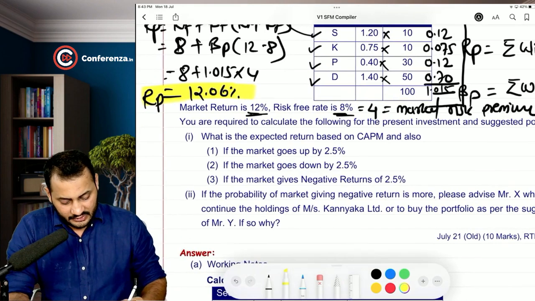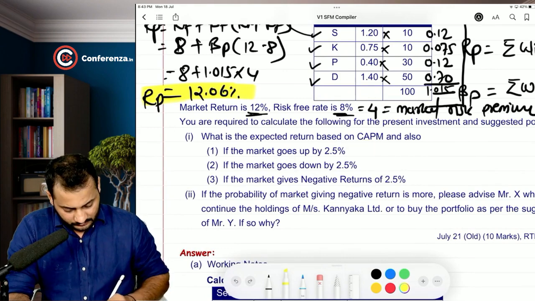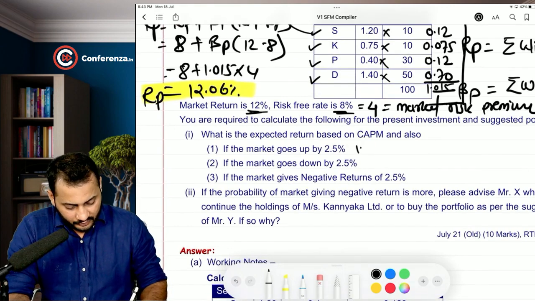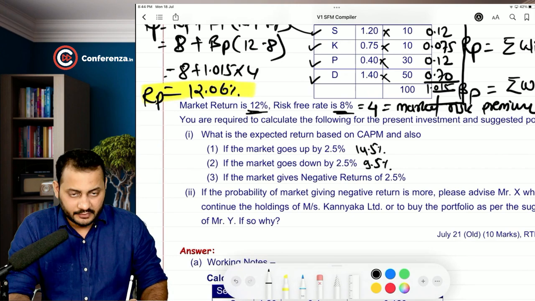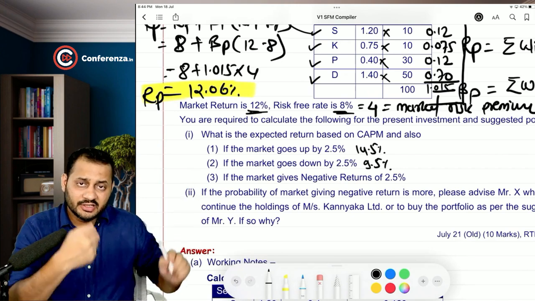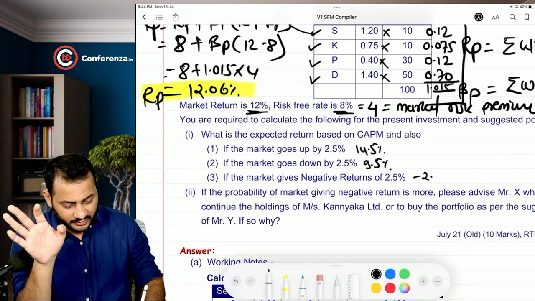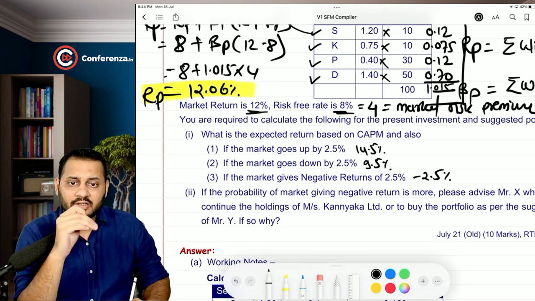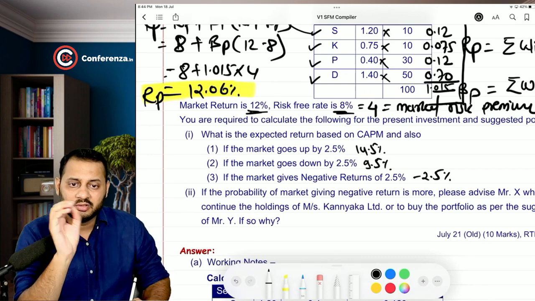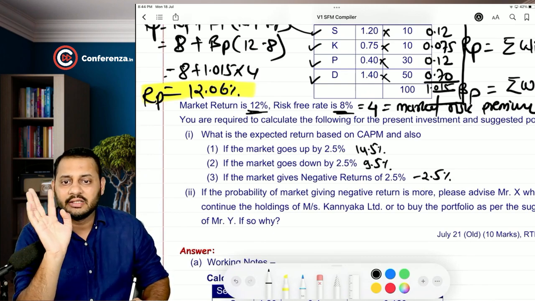Up means the market becomes 14.5%, and down by 2.5 means the market becomes 9.5%. And if the market gives negative return of 2.5, it means totally negative 2.5. At that time you will have to calculate the expected return.